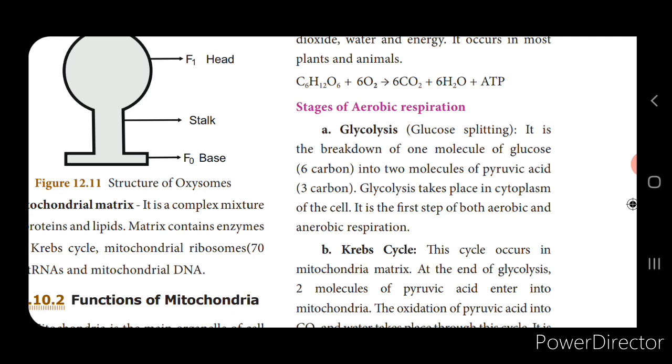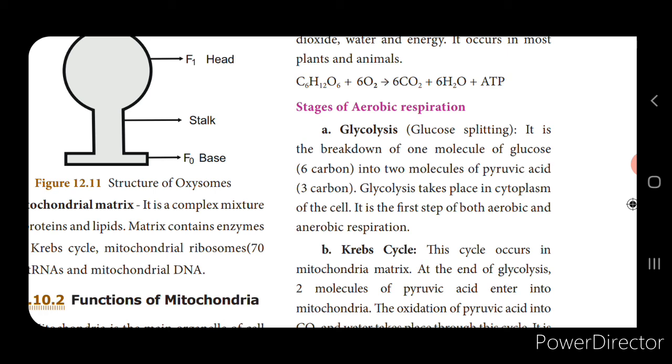Now anaerobic respiration. Anaerobic respiration takes place without the presence of oxygen. It doesn't need oxygen for the conversion of glucose, that is C6H12O6, into ethanol or it can be lactate. When you talk about ethanol, the conversion from glucose to ethanol takes place in plants and in some bacteria, and the conversion of glucose into lactate.